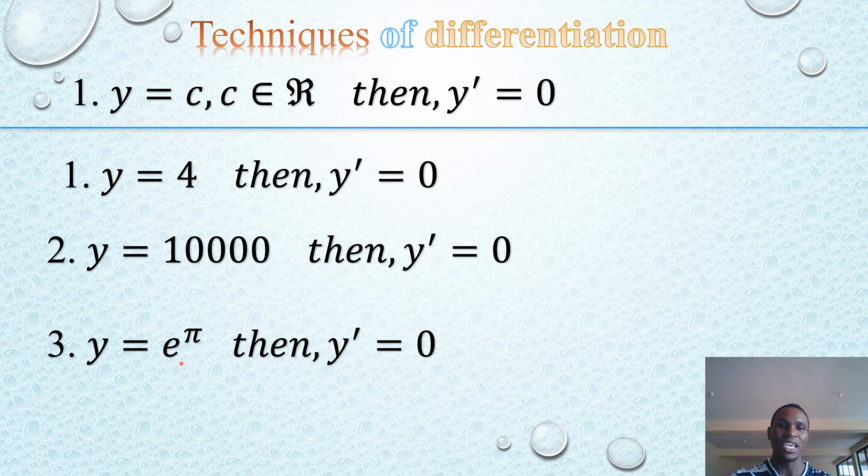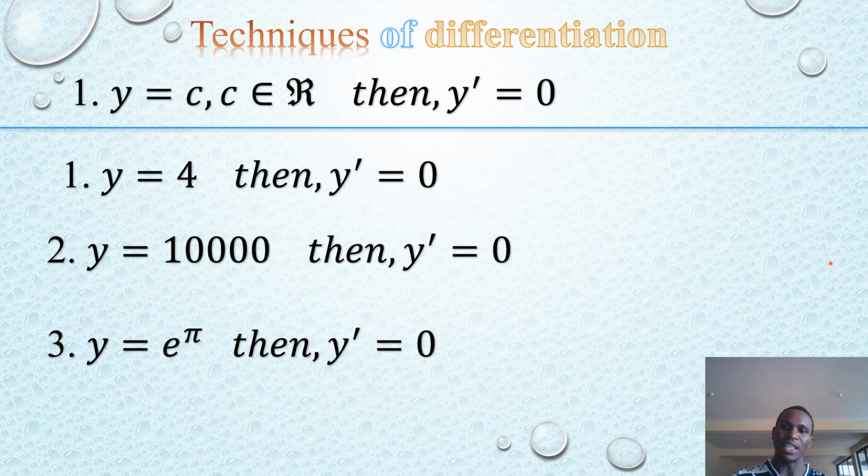Also, e raised to the power pi: e is the Euler number, 2.7, you know the rest of the digits, right? Then pi is a constant, 3.14, and so on. A constant raised to another constant is a constant. So once y is equal to a constant, the derivative is 0. That's the second technique.